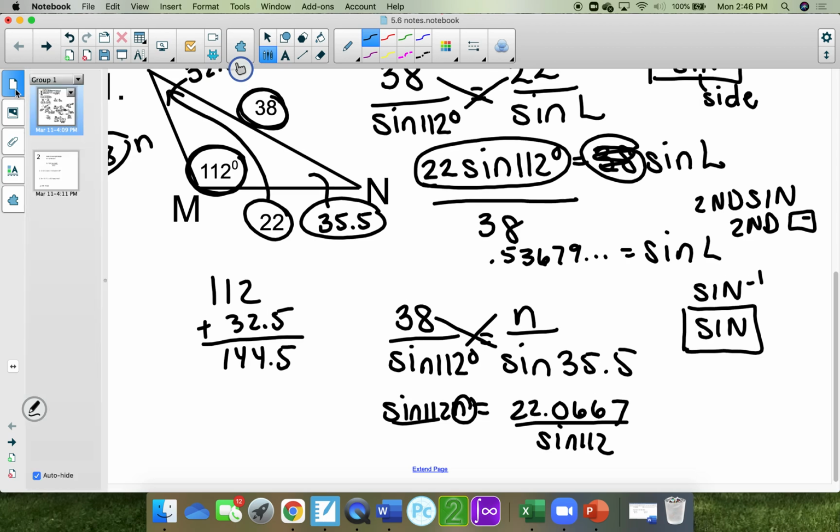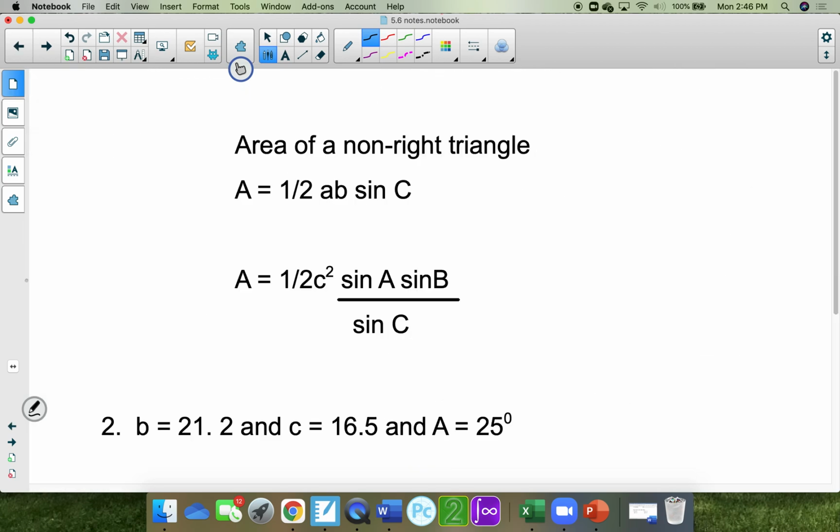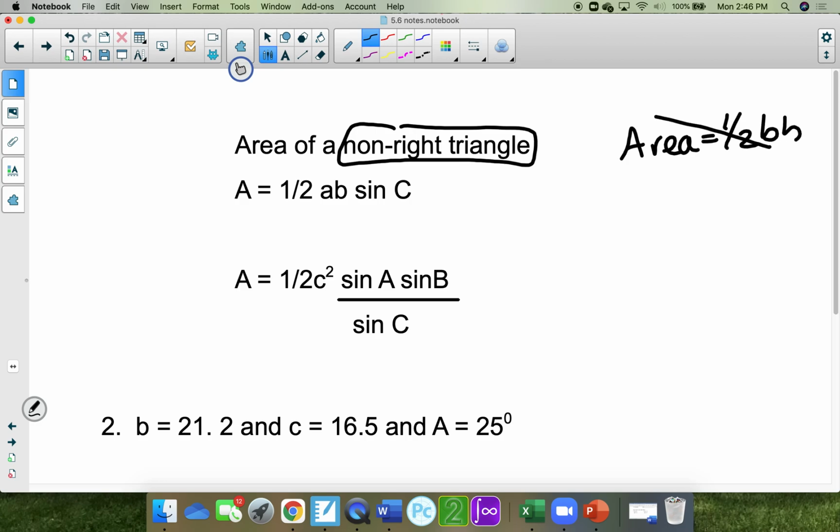The second part of the assignment is finding the area of a non-right triangle. You know how to find the area of a right triangle: that's 1/2 base times height. But how do you find the area if it's not a right triangle? If you're given two sides and one angle, then you would use this formula.